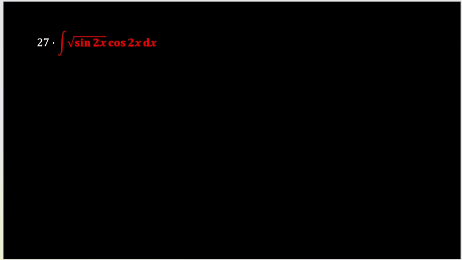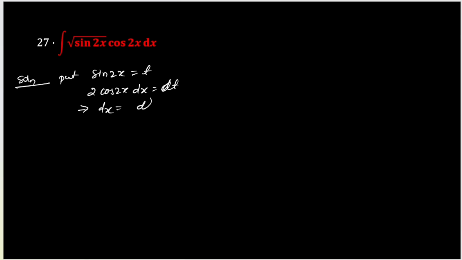Next problem is given. Solution: here we put sin 2x equal to t, and differentiate with respect to x. We get 2 cos 2x dx equal to dt, which implies that dx equals dt by 2 cos 2x.